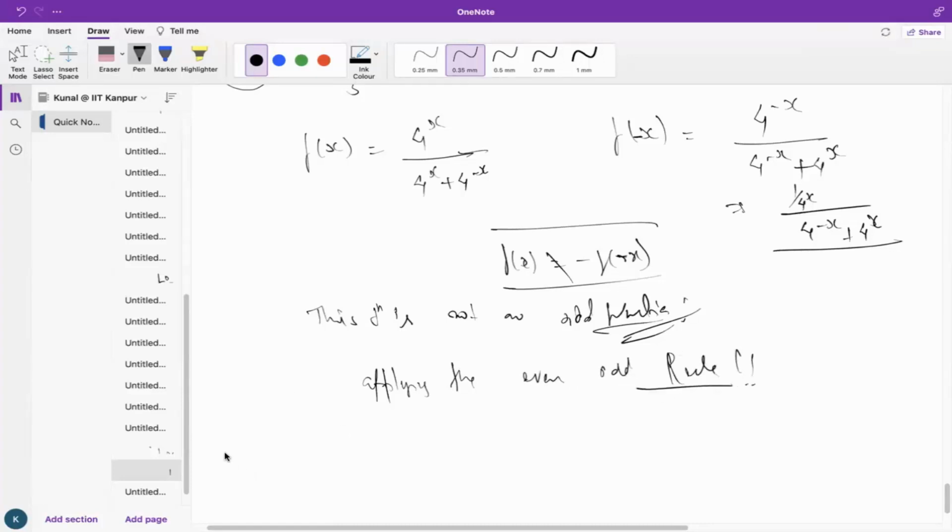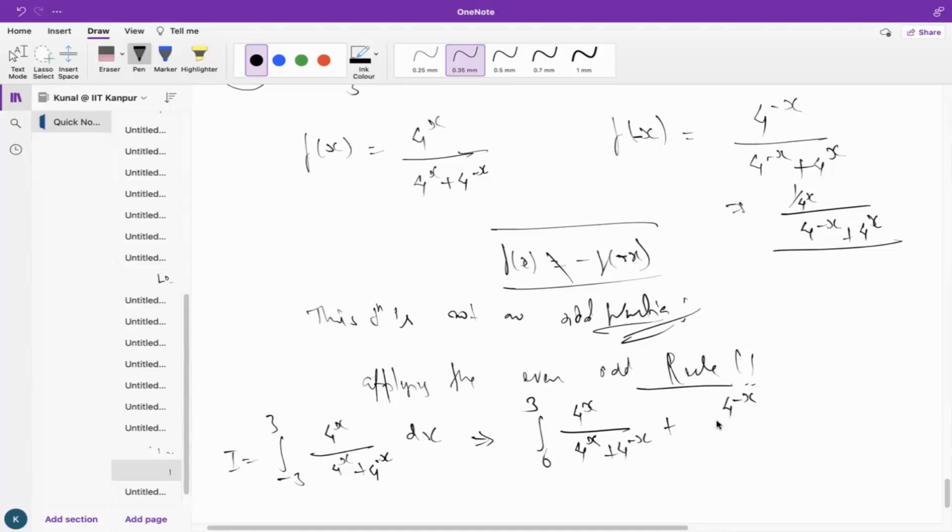So when we apply it, what do we get? I is equal to what is given: integral from -3 to 3 of 4 to the power x by 4 to the power x plus 4 to the power minus x, dx. Right. And then we integrate from 0 to 3 of f(x) plus f(-x), so 4 to the power minus x by 4 to the power minus x plus 4 to the power x, dx.